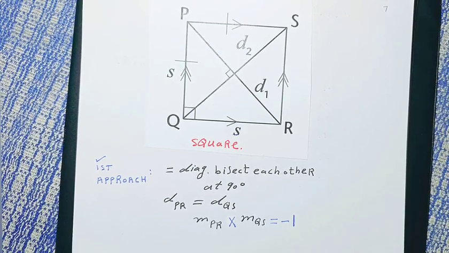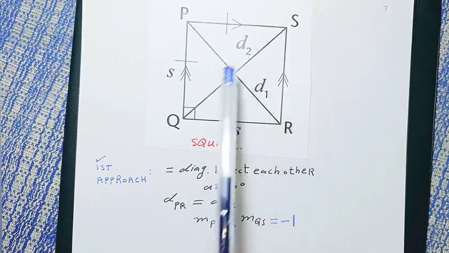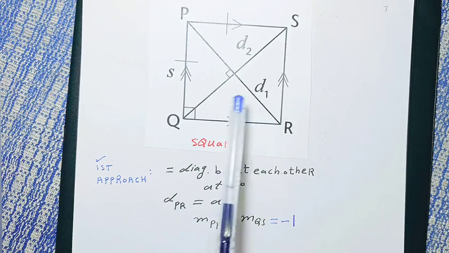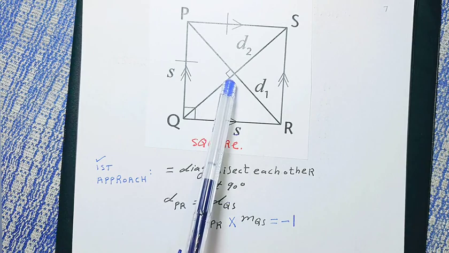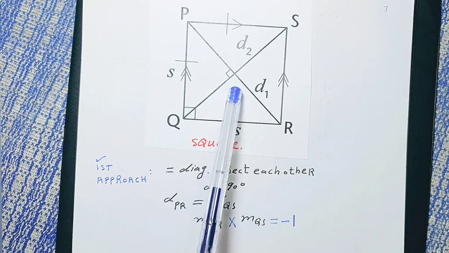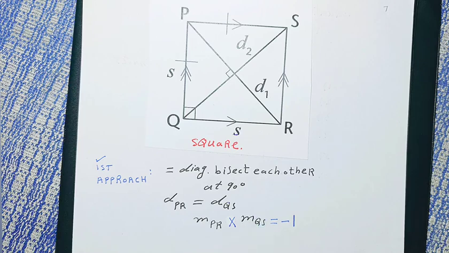This is a square, and the first approach I would like to do, this is my favorite one, is that the equal diagonals bisect each other at 90 degrees. So both diagonals, QS and PR, are equal, and they bisect each other at 90 degrees. In this way we can prove this is a square.